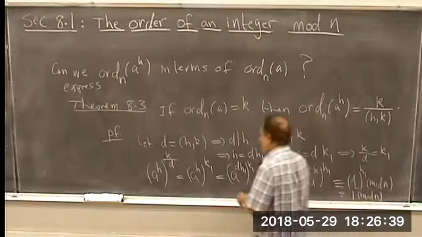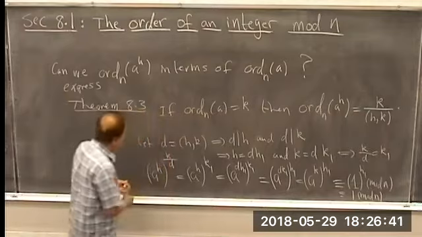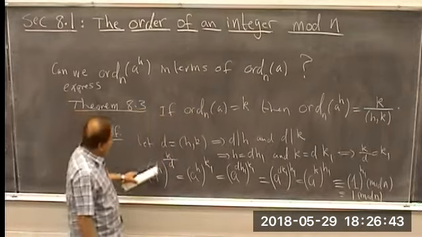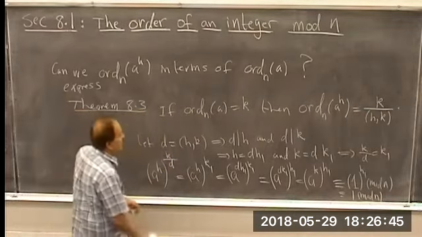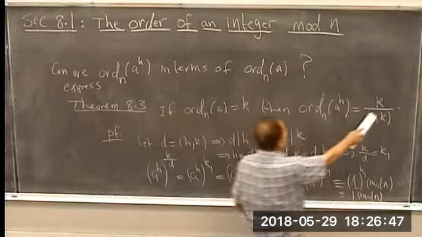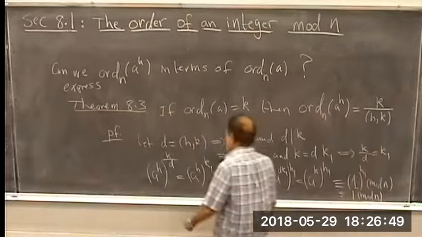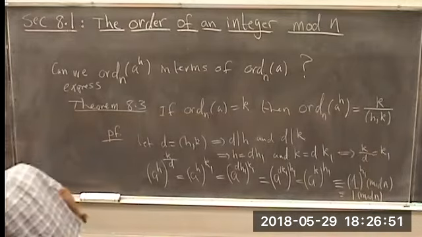So the first thing we have is that this exponent, A to the K over D, which is what this side is, is congruent to 1. Now let's see, what does this imply?